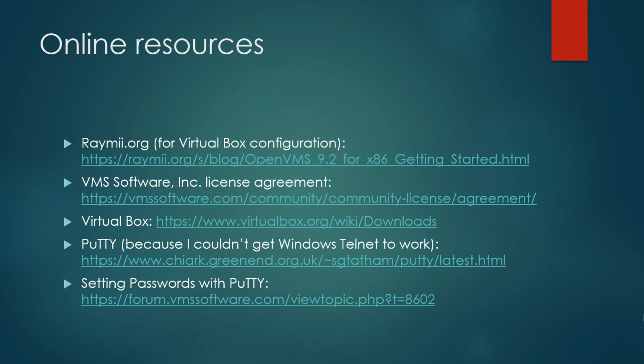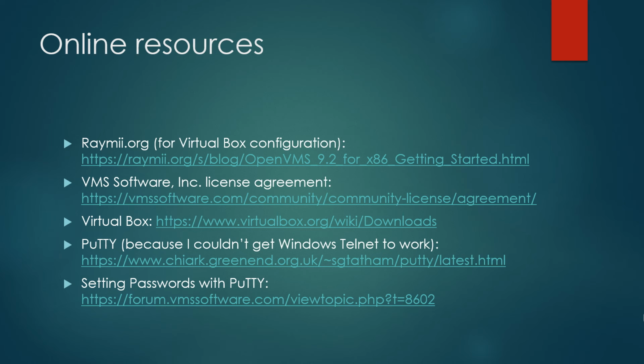Okay, here's some online resources. I'm going to paste these into the comment section for the video so that you can click on these and get these things quicker. A lot of this installation is based on the Ray.me.org set of steps.